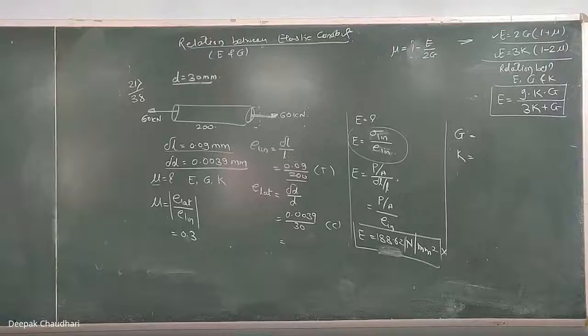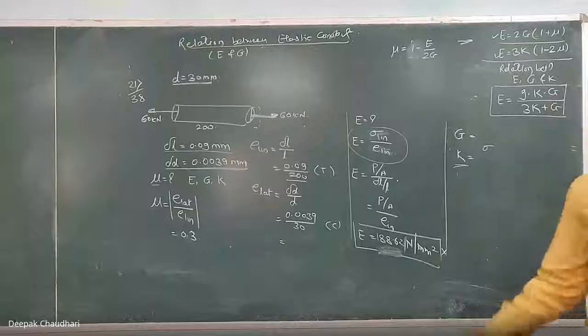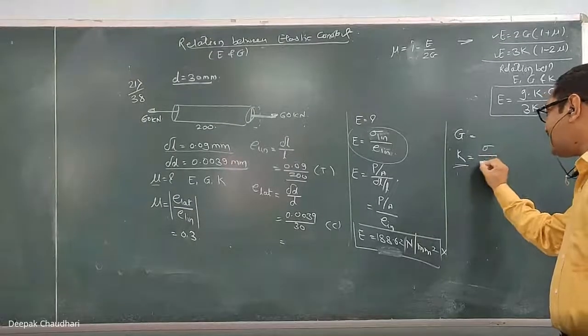What is bulk modulus? Do you remember the definition? Ratio of direct strain upon volumetric strain? No, you are wrong. K is the ratio of direct stress to the volumetric strain. It's not strain upon strain.